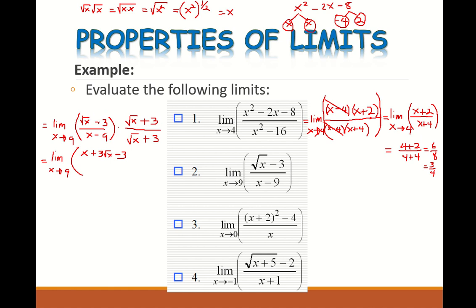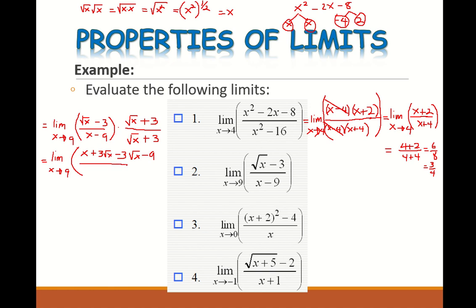Next, we multiply the second term with each term of the second binomial. So negative 3 times square root of x is negative 3 times square root of x. Then negative 3 times positive 3 is negative 9. Okay, so that's our numerator.